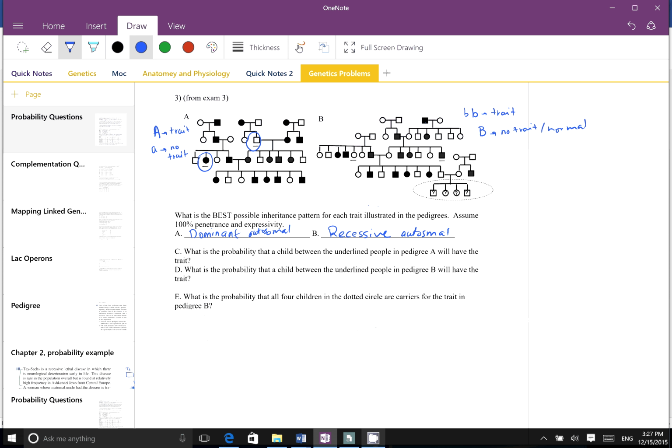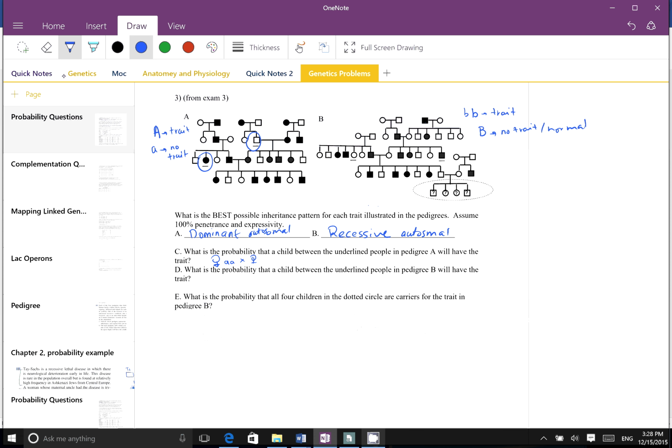Now going back to pedigree A, since the father here does not have it, I know that his genotype is small a, small a. The mother here, looking at her parents, let me write the cross.